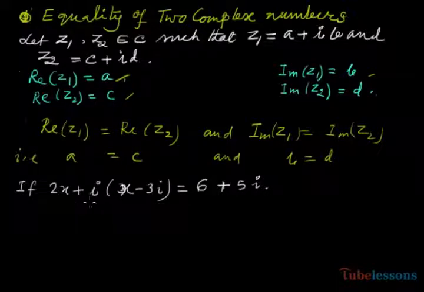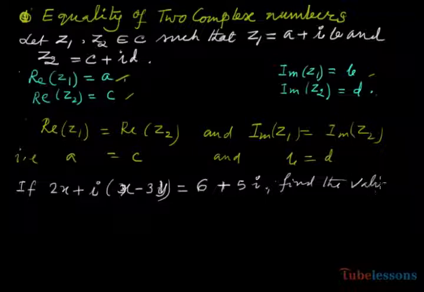Now these two complex numbers, 2x plus i into (x minus 3y) on the left-hand side and 6 plus 5i on the right-hand side, are equal. So now we are able to find the values of x and y.